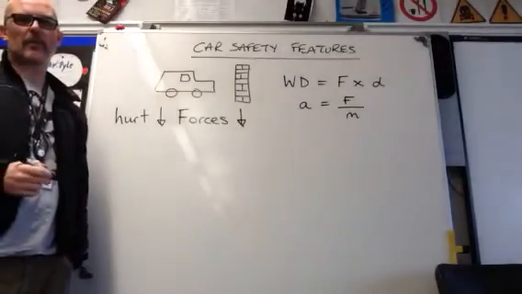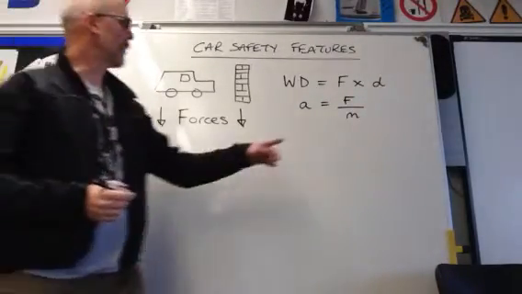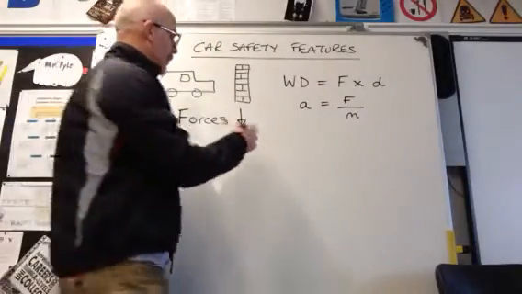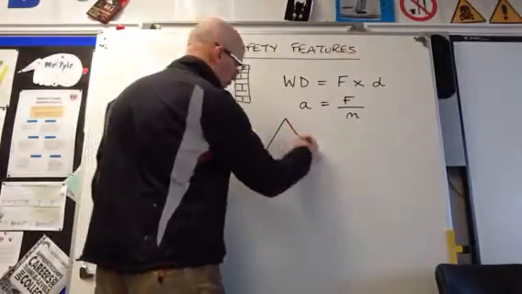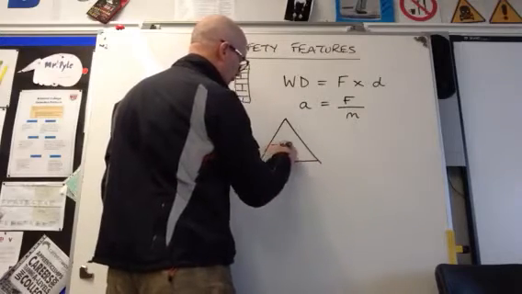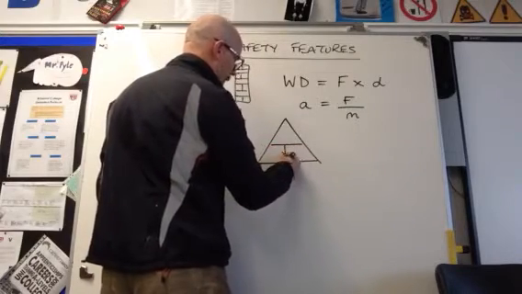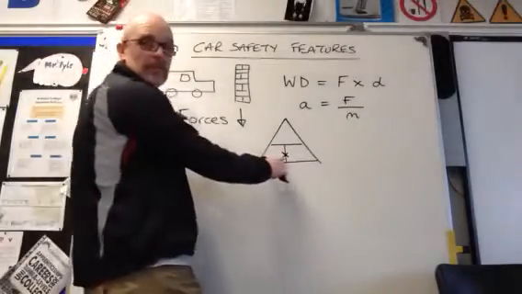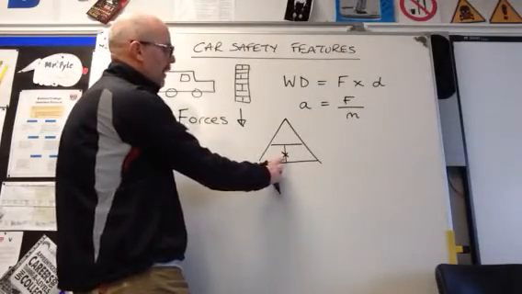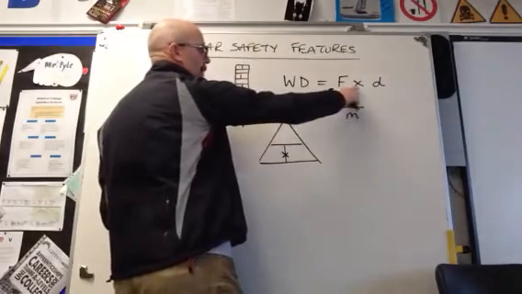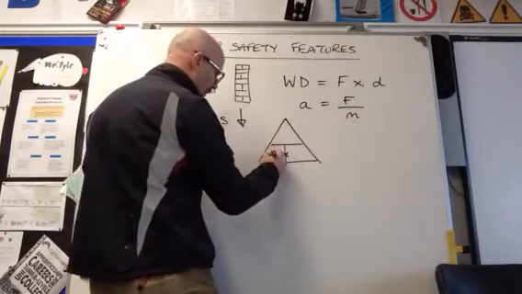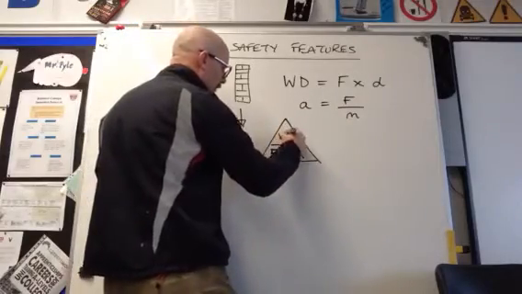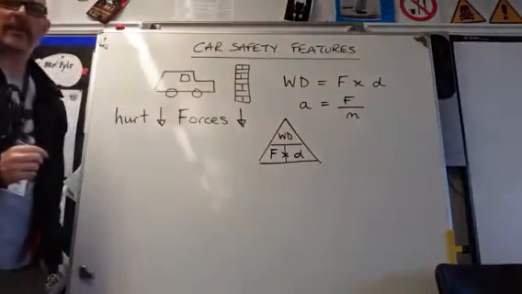So the first thing we're going to need to do is to try and make the force the subject of these two equations. The way we do that is we'd think about putting them into triangles. So if we take the first one, I put the cross in the middle of the times sign, right in the middle of the triangle, so it must be force and distance that go here, and then work done just goes in the remaining space.